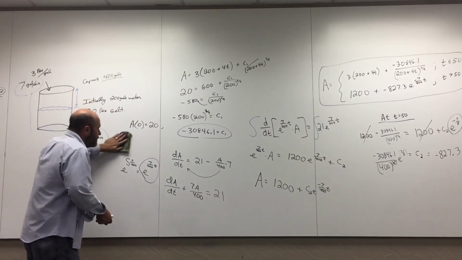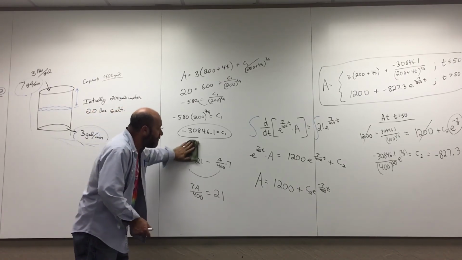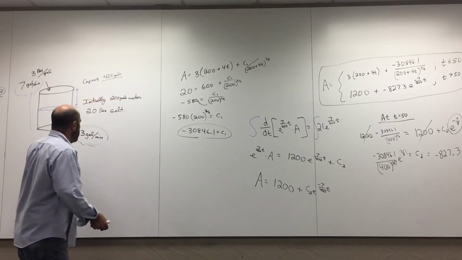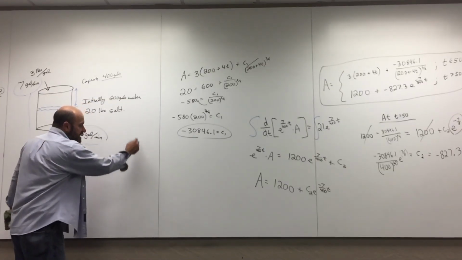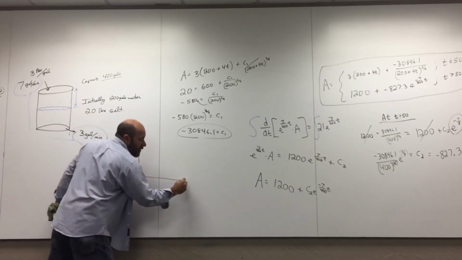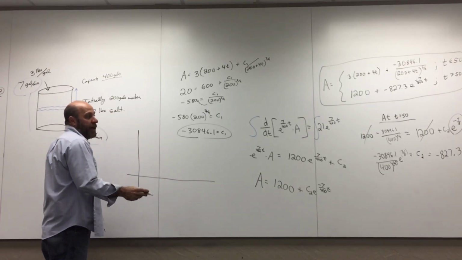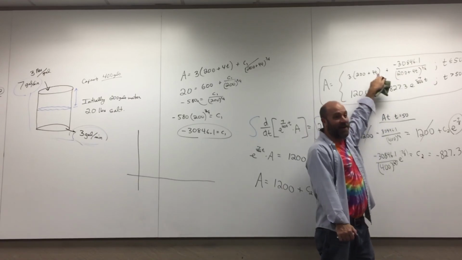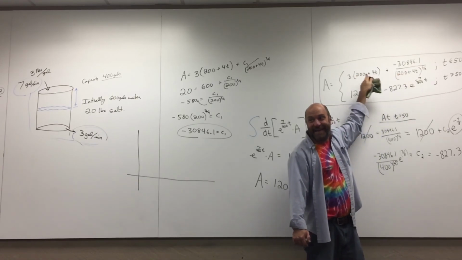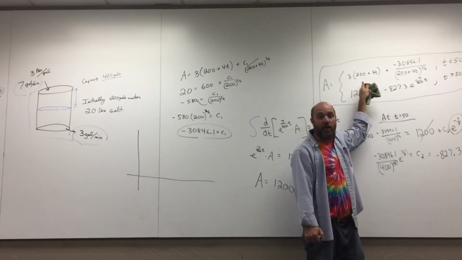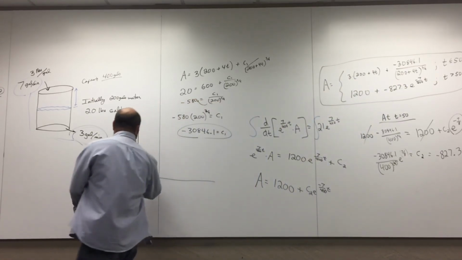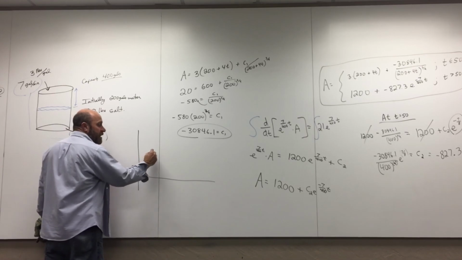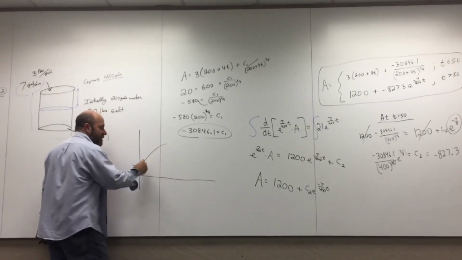Sketching a graph of this would be kind of fun. It's a little tricky. I'm not at all sure what this looks like, but your graphing calculator could help you. But let me just say that we started at 20, and we're gaining. I'm not sure what kind of concavity we have.